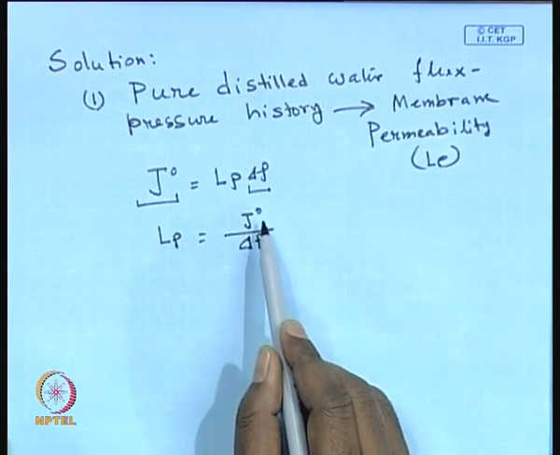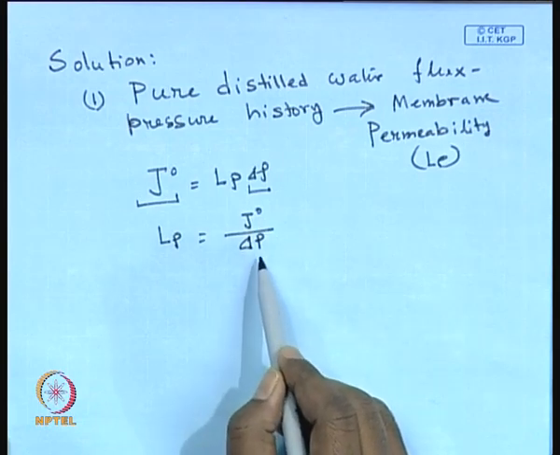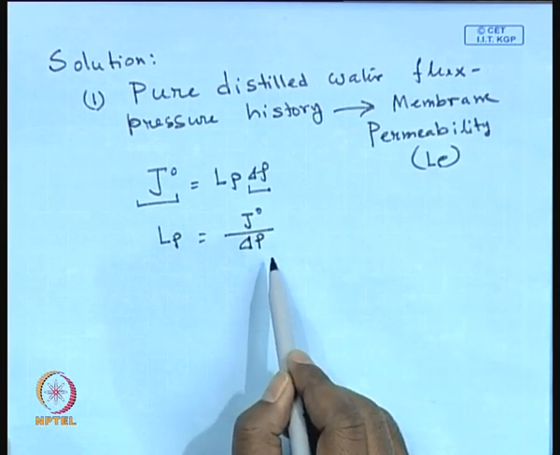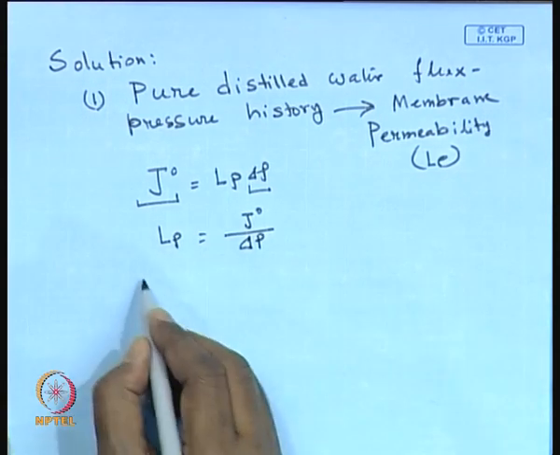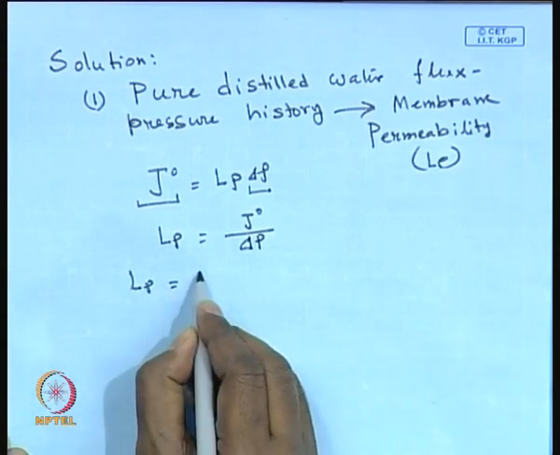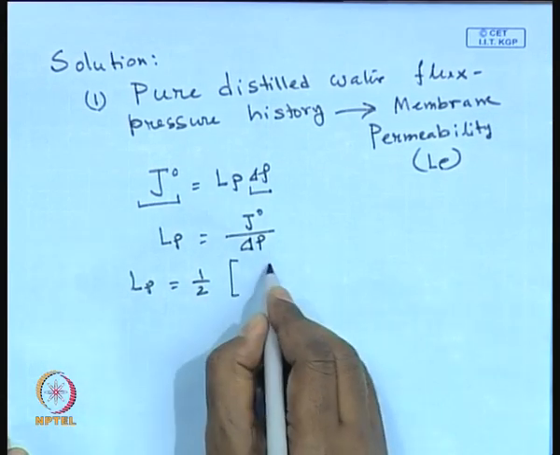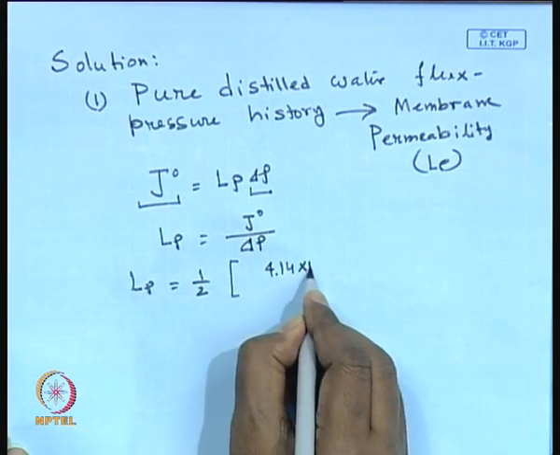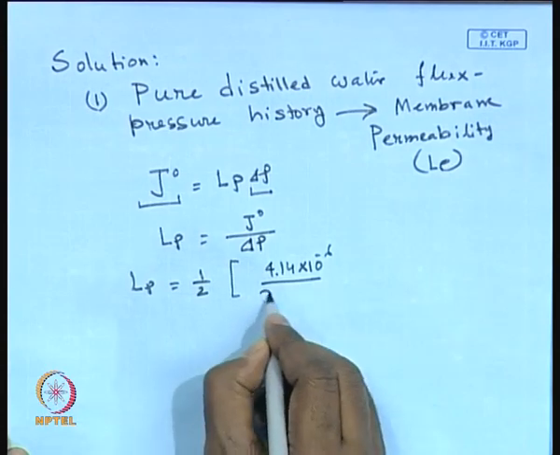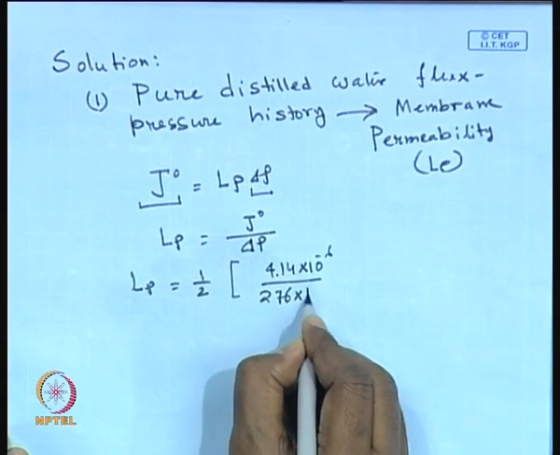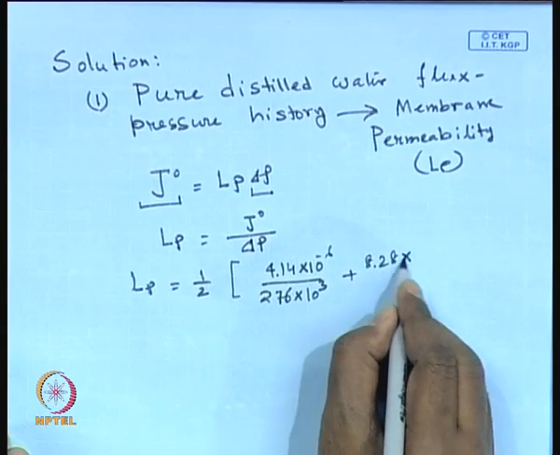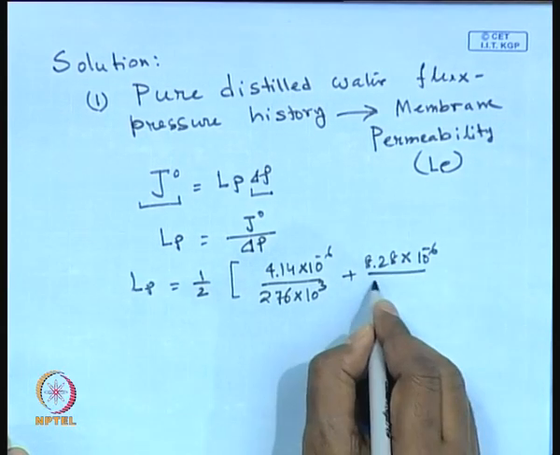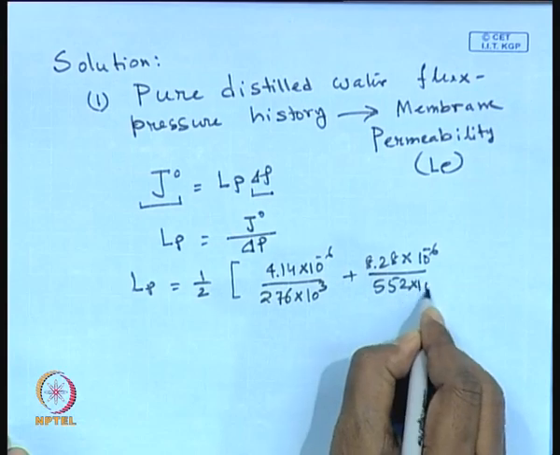Now, the J naught value, the pure water flux value at 2 different pressure drops, is given in the problem. So, we just take the arithmetic average of the 2 data. LP will be half of 4.14 into 10 to the power minus 6 divided by 276 into 10 cube, plus 8.28 into 10 to the power minus 6 divided by 552 into 10 cube.